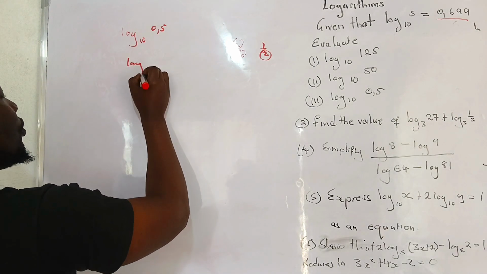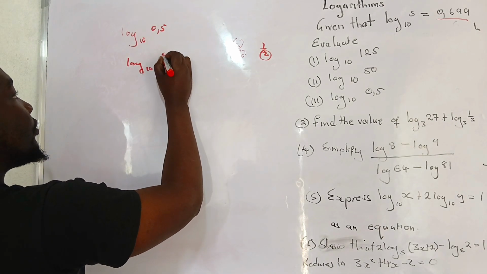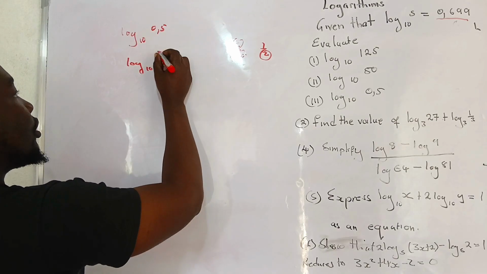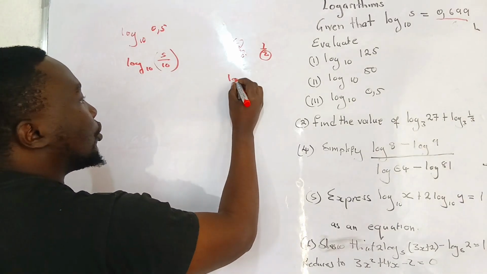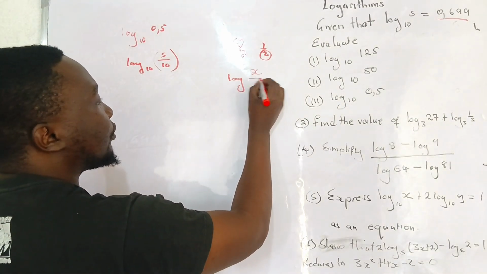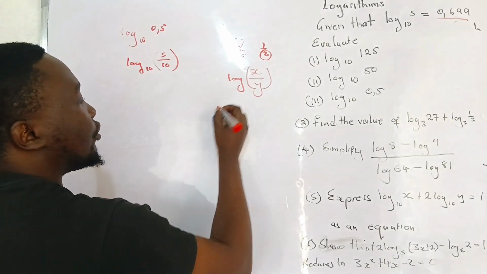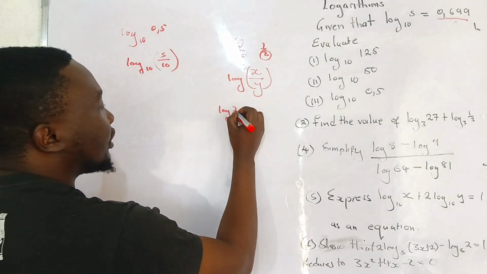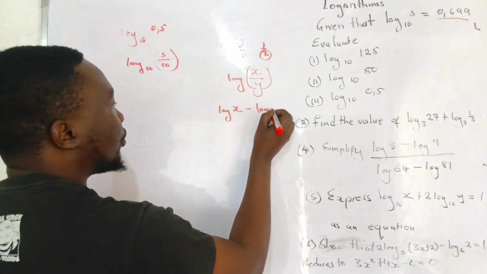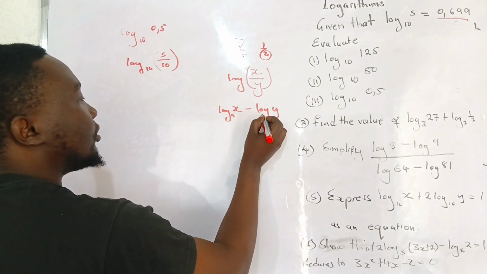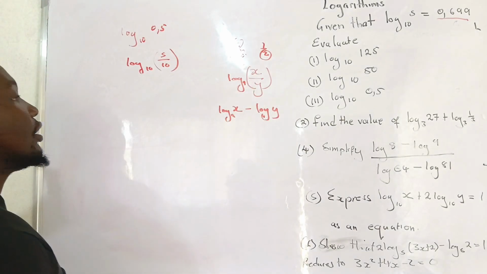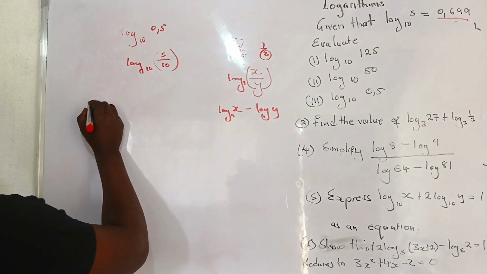So this is log base 10 of 5 over 10. Quotient rule: log of x over y is log x minus log y, numerator first. So I'm going to use the quotient rule here.